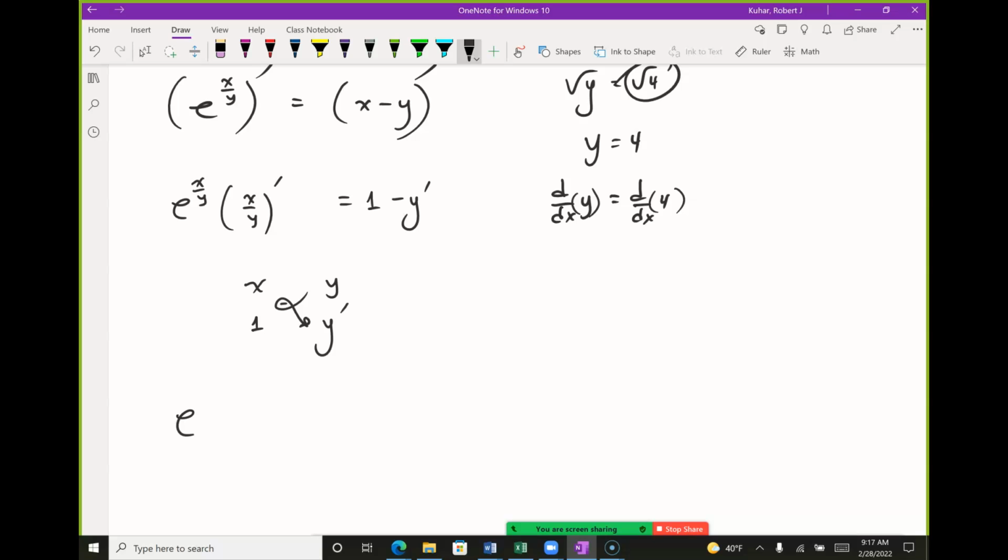So it looks like I get e to the x over y times y minus xy prime, and it looks like I can pretty easily solve for y prime. Is everybody with me here?